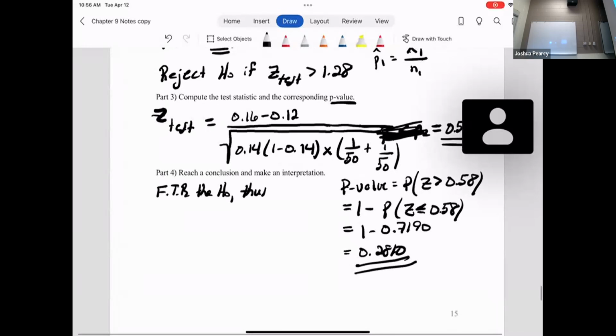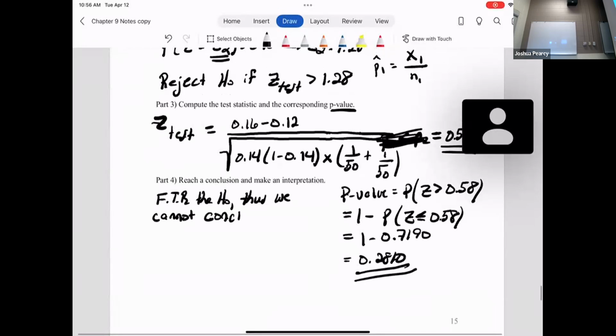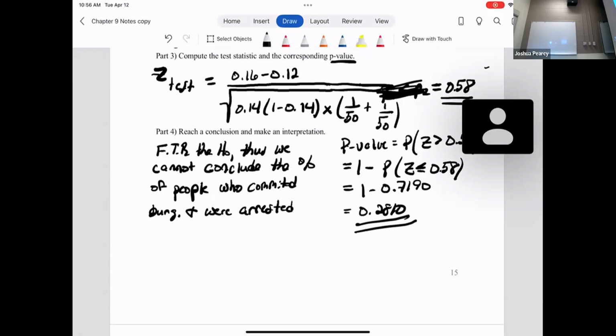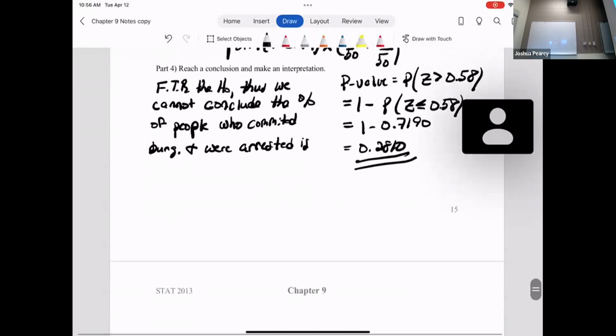Thus, we cannot conclude the percentage of people who committed burglaries and were arrested is greater than that of cart thefts.